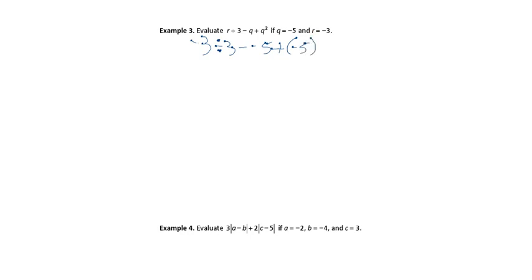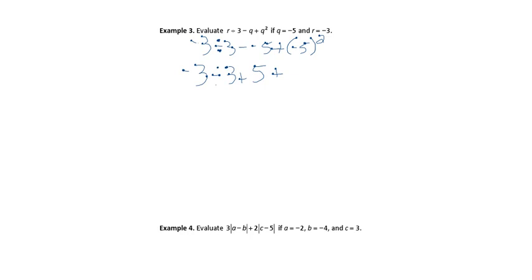So -5 squared. So first I'd look for any grouping. There is none. So then I move on to powers. So this beginning part is going to basically be the same. I'm just going to make this a +5 to make it easier.